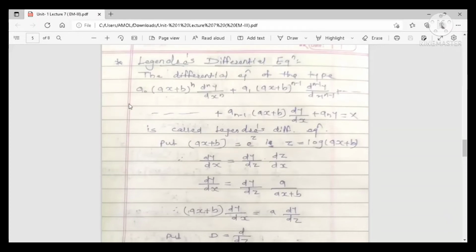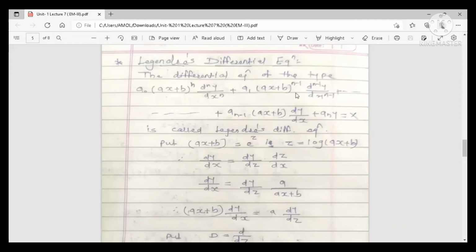See, with the derivative term, in the first term, the nth order differential coefficient is there, dny by dx raised to n. With that derivative term, there is a polynomial function in the form of ax plus b and its degree is n. So with the derivative term, there is a polynomial function with the same degree, and a constant coefficient is also there in every term. So this type of equation is called Legendre's equation. See, in the second term, the n minus 1th derivative term is there.